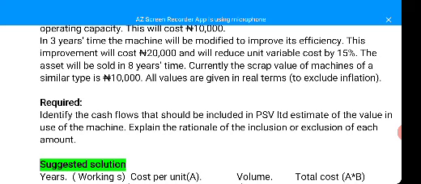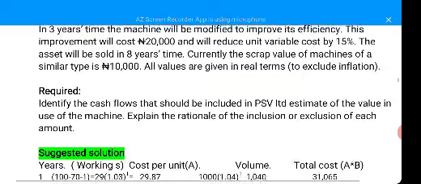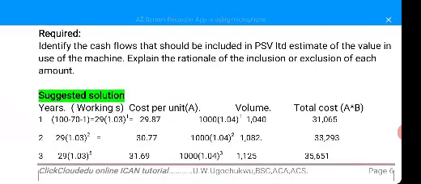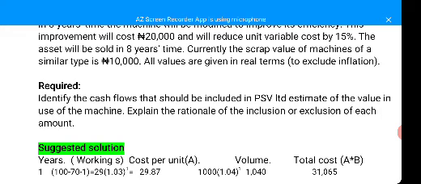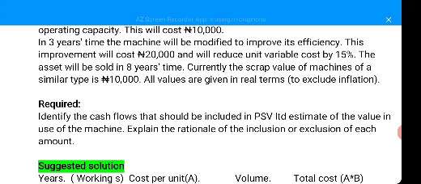So this question I will use to explain some items that do not form part of your value in use, and those that do. They said we should identify the cash flows that should be included in order to estimate the value in use.